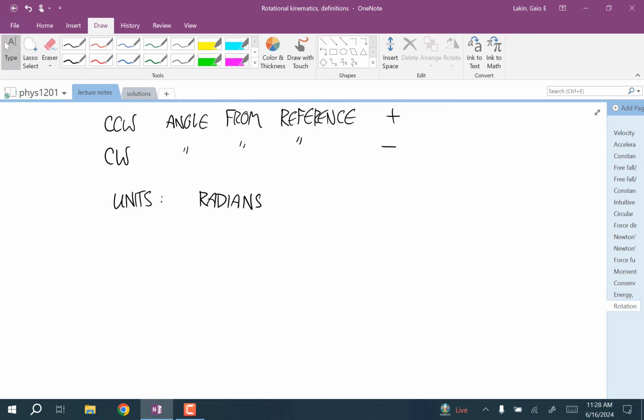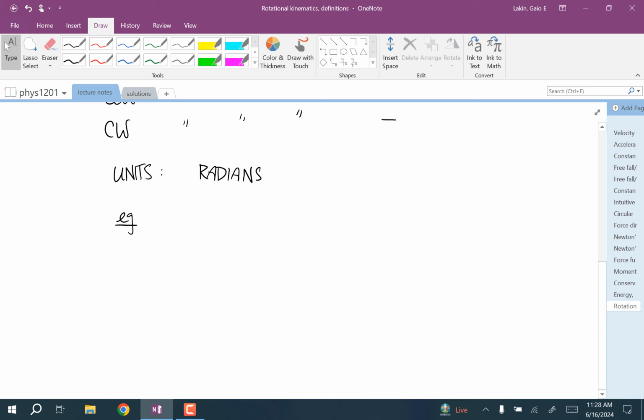Okay, so let's think of a little example. So let's say that our reference orientation, we can think of it as like our zero orientation. Say this is a body, okay? I put that little line there to make it easier to tell so you can see what direction this object is oriented. So let's say this is our reference orientation.